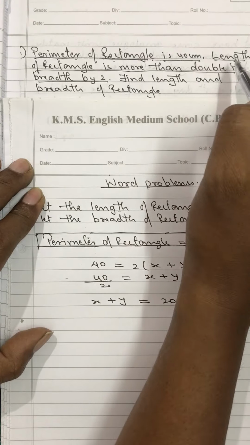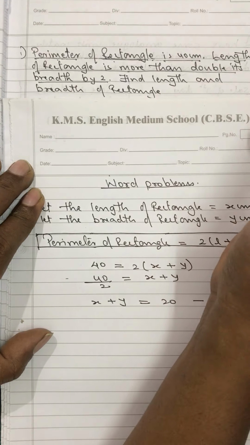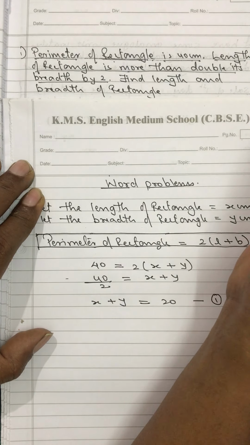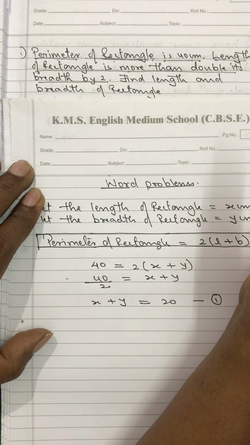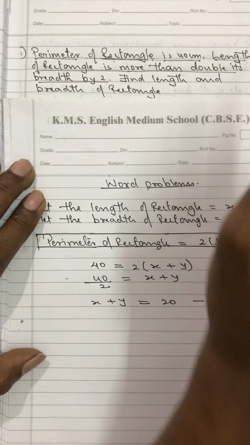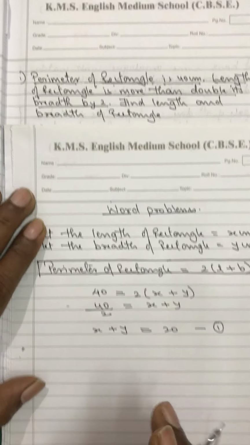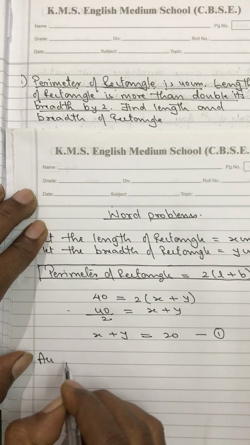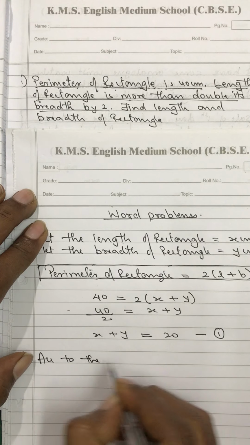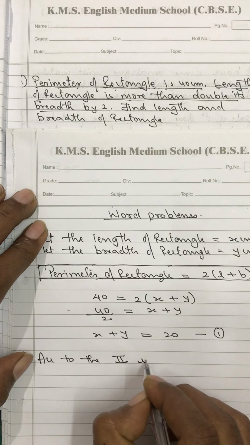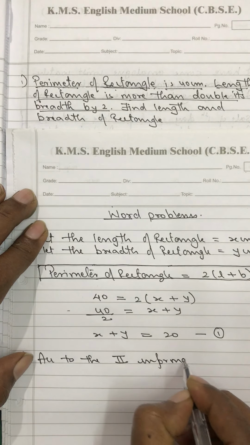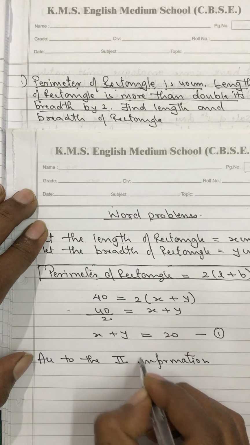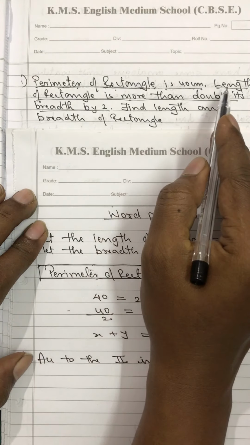Now the second is: the length of a rectangle is more than double its breadth by 2. This is comparison, and while dealing with the comparison you have to be very careful, according to the second information. See what they have done.